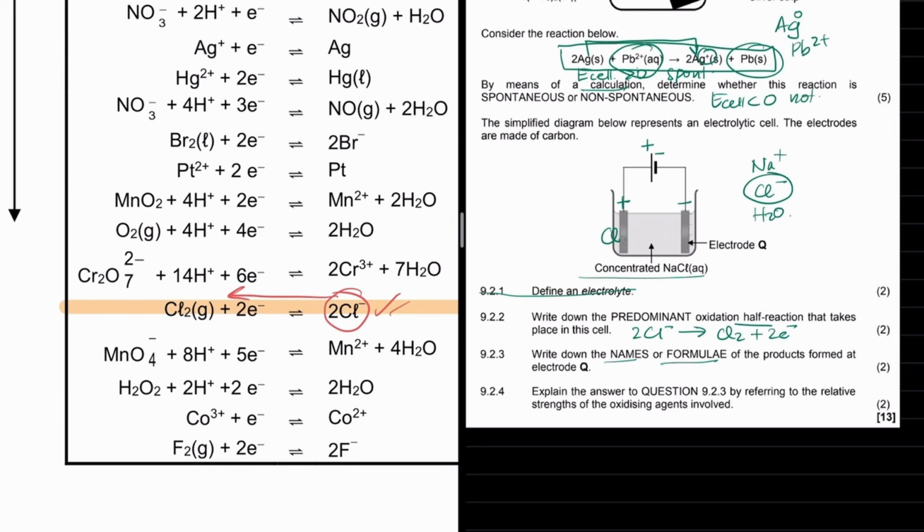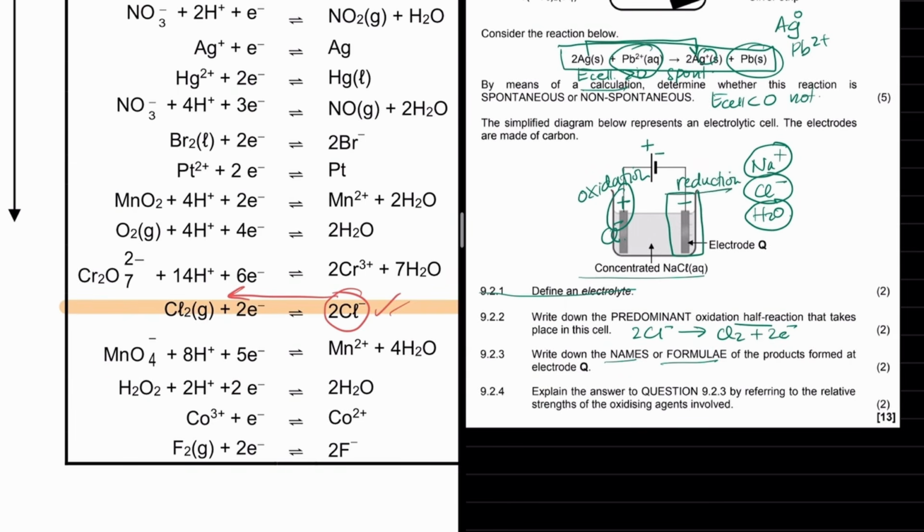That means either the Na+ or the H2O will then go here at electrode Q. Now we need to figure out what's going to go there. Since this was oxidation at this electrode, this must be reduction.